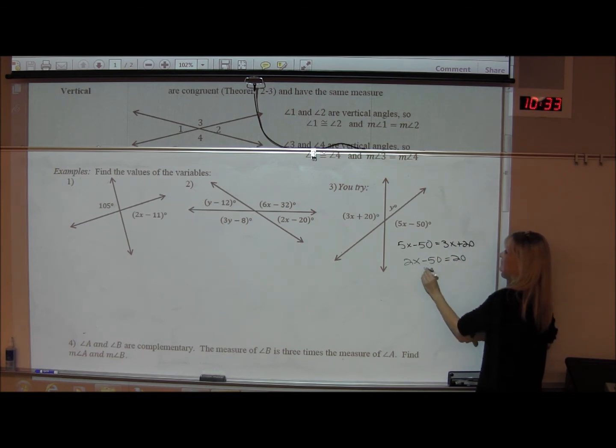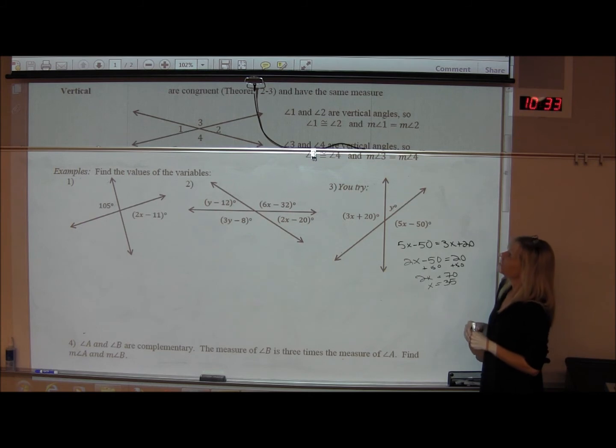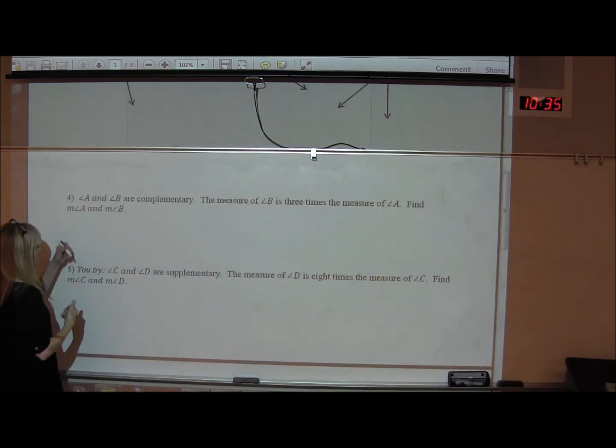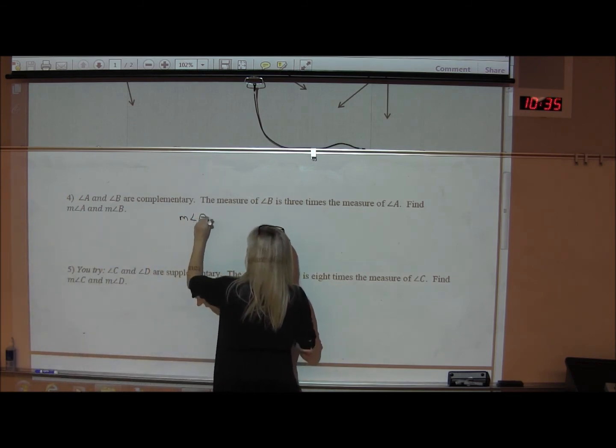We can add 50 to both sides and get 2x equals 70. So then x equals 35. And you can always plug your 35 back in, like we like to do in algebra, and check your answer.